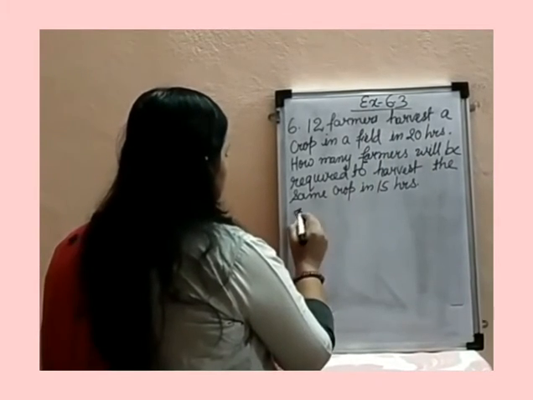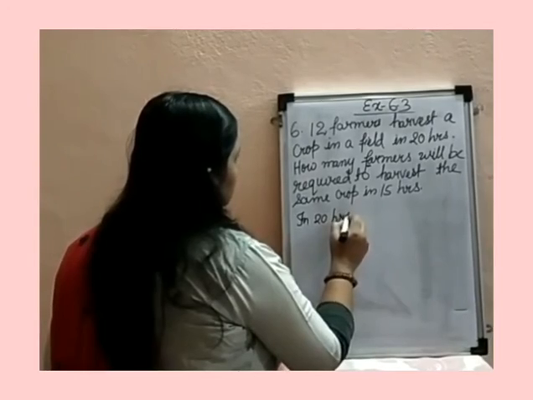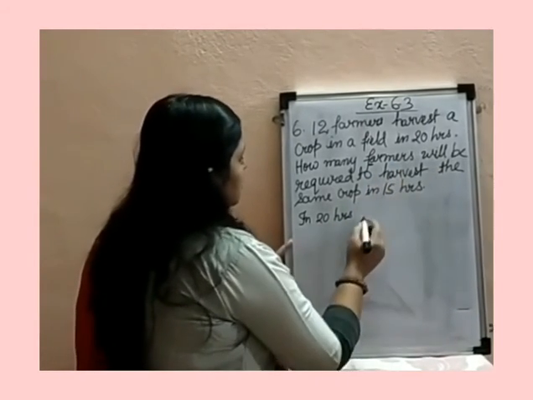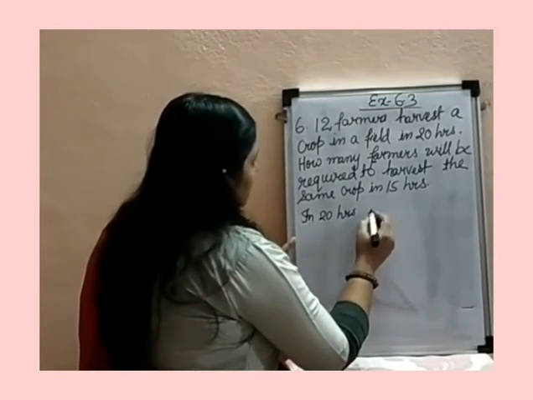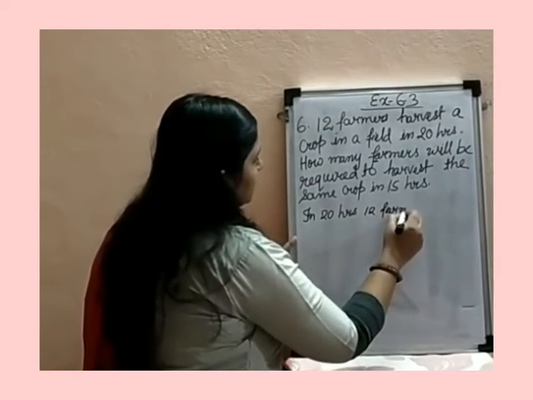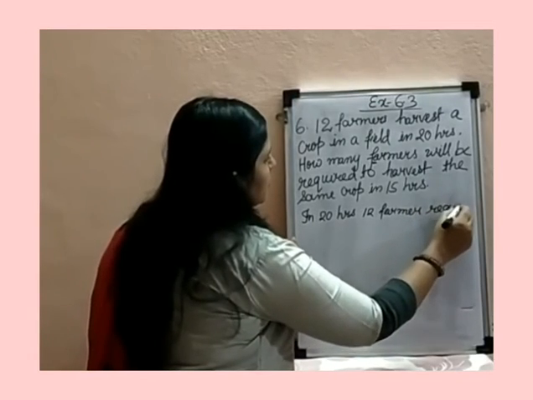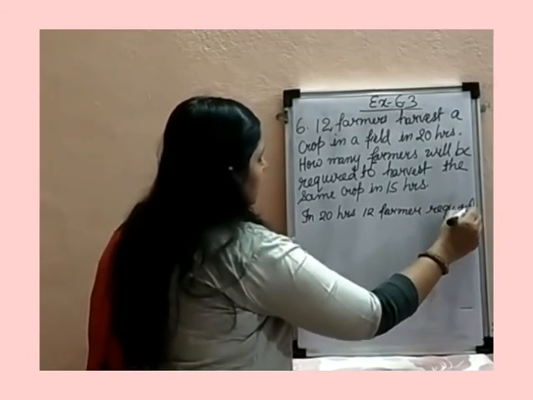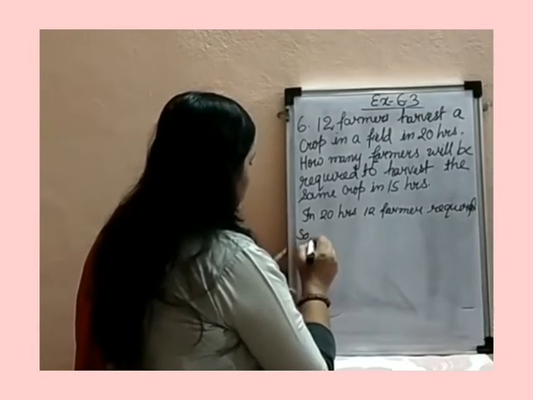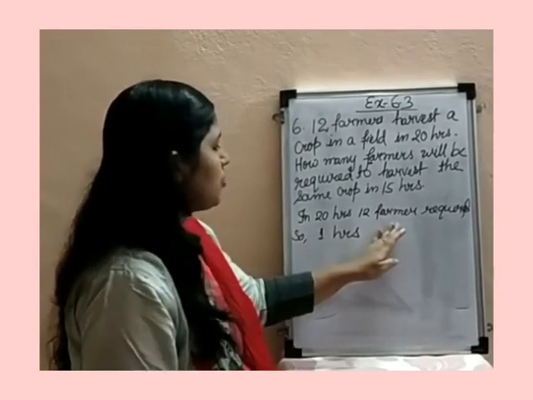In 20 hours, 12 farmers are required. So in 1 hour, how many farmers will be required?